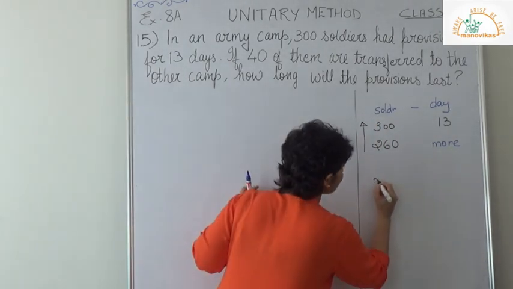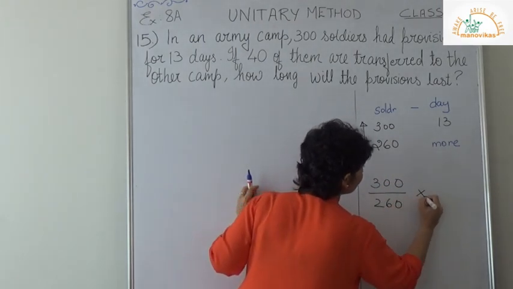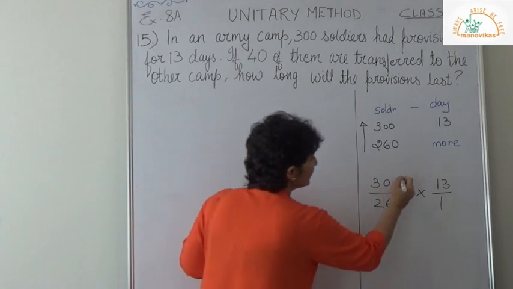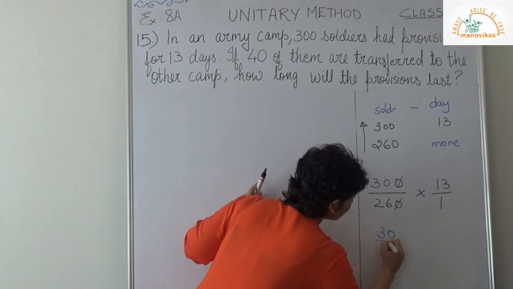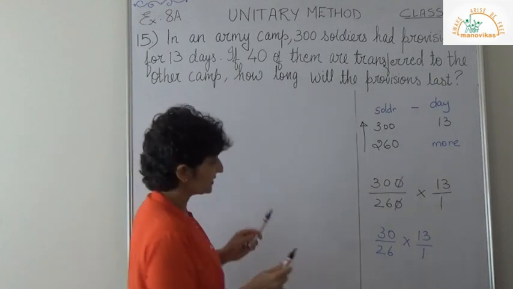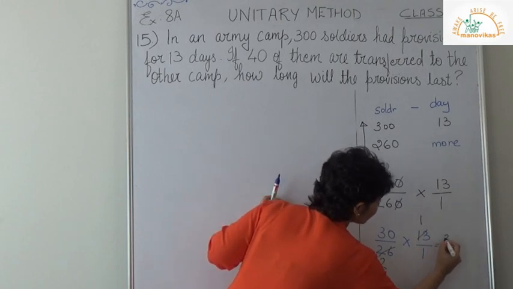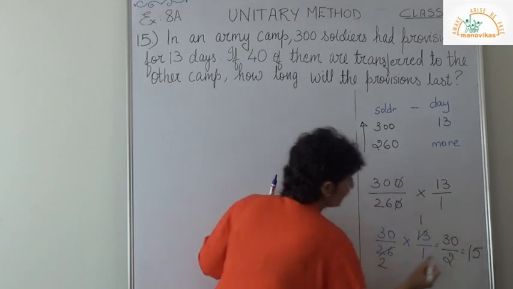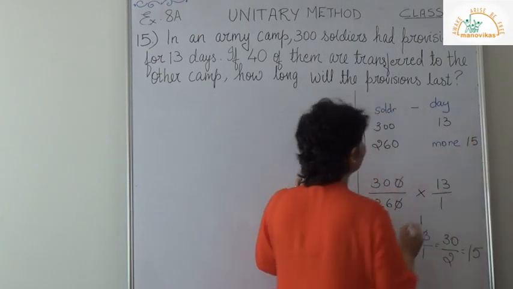So how do I solve it? 300 upon 260 multiplied by 13. 13 means 13 upon 1. 0 and 0 get cancelled. So what do I get? 30 upon 26 into 13 upon 1. Correct? Table of 13: 13 ones are, 13 twos are. I get 30 upon 2. So 2, 15 times is 30. So you get 15 days.